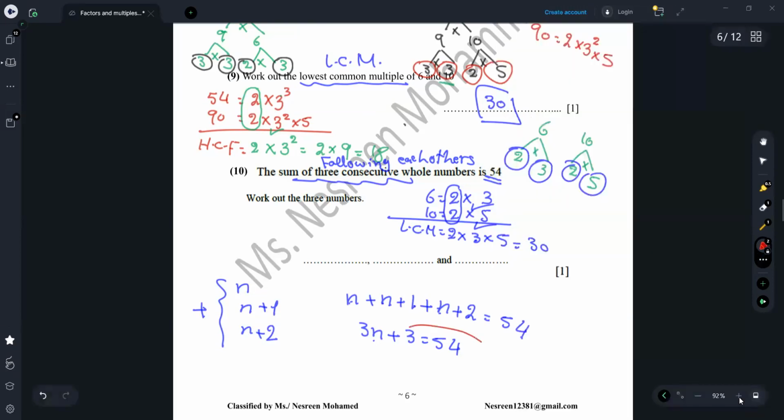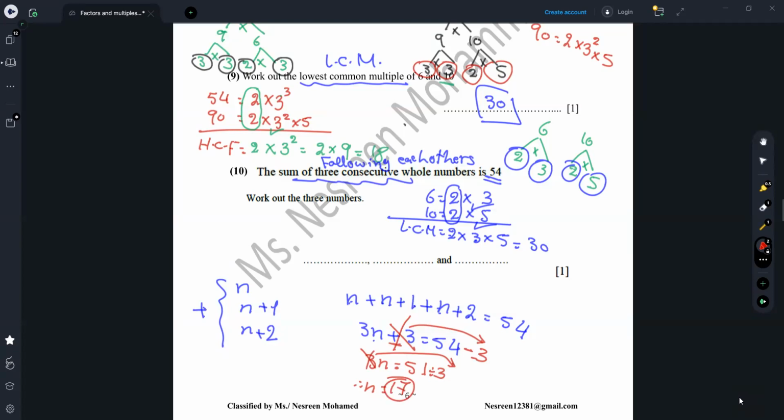I will move the 3 here by the negative sign. This is positive, make it negative and cross it from here. 3n equals 51. Then n equals what? Move this here by dividing. It will be here 17.